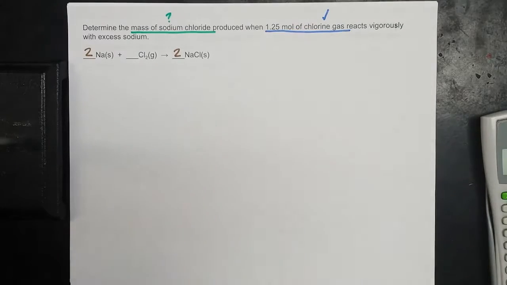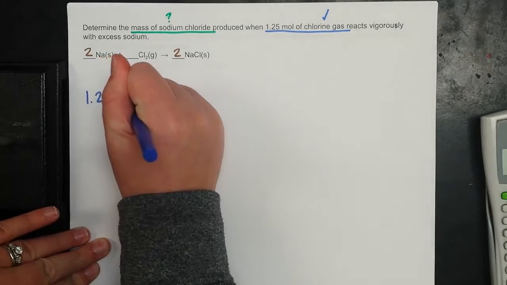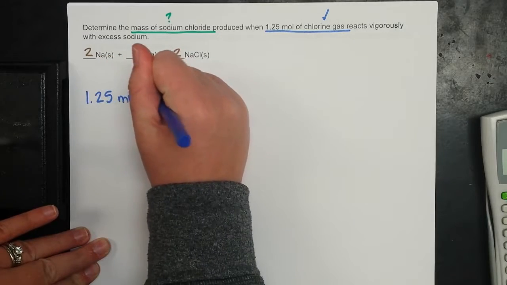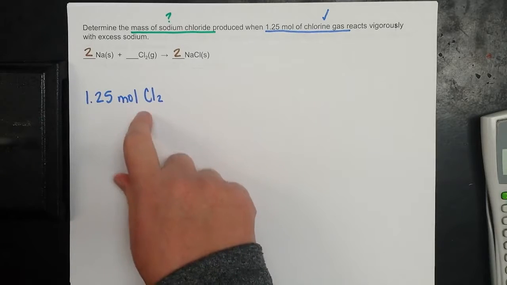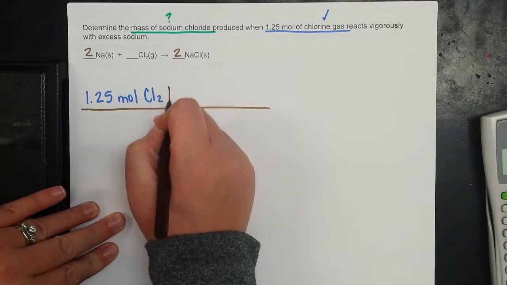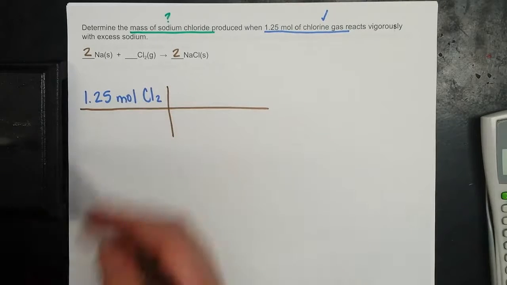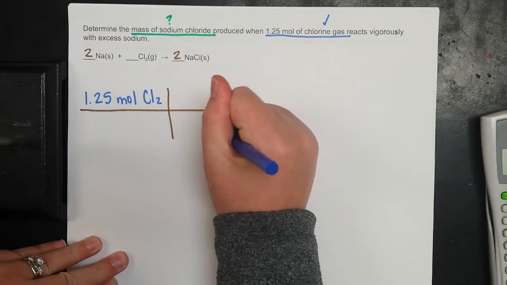So I'm going to start with my 1.25 moles of chlorine gas, which is Cl2. I know that I don't want to talk about moles of Cl2 anymore, so I'm going to have to do some dimensional analysis. To cancel out moles of chlorine, I'm going to write moles of chlorine at the bottom, or in the denominator.